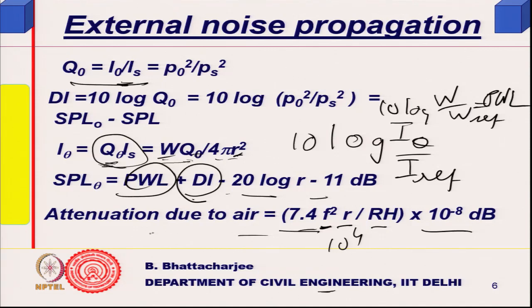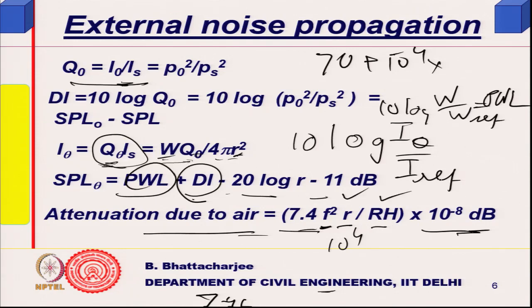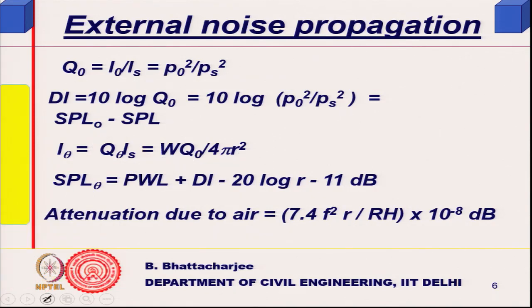This is the attenuation of air in dB. So, say 70 dB plus 10 to the power minus 4 dB multiplied by some factor really does not make any difference. Only if it is 10 K or so, and depending on the distance and the relative humidity, will this have some effect. That is what we have seen in the last class.